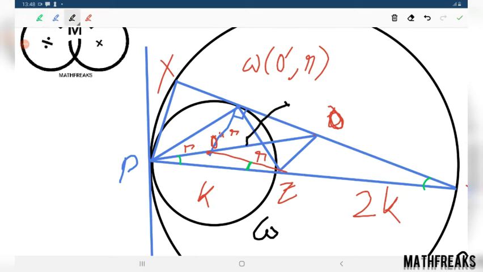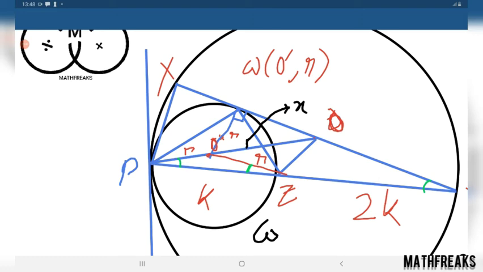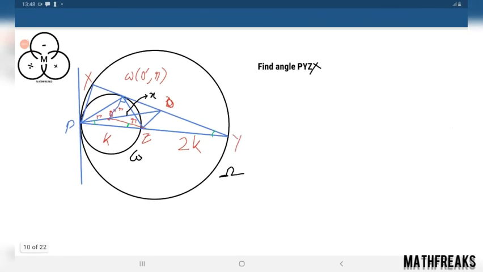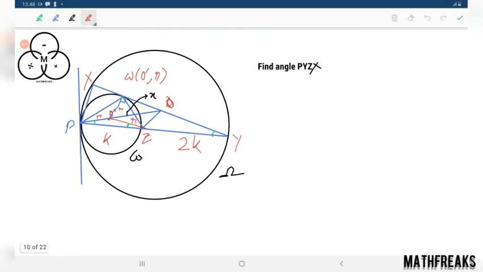Now let this part be x. Can we observe that triangle O dash PZ is similar to triangle OPY?